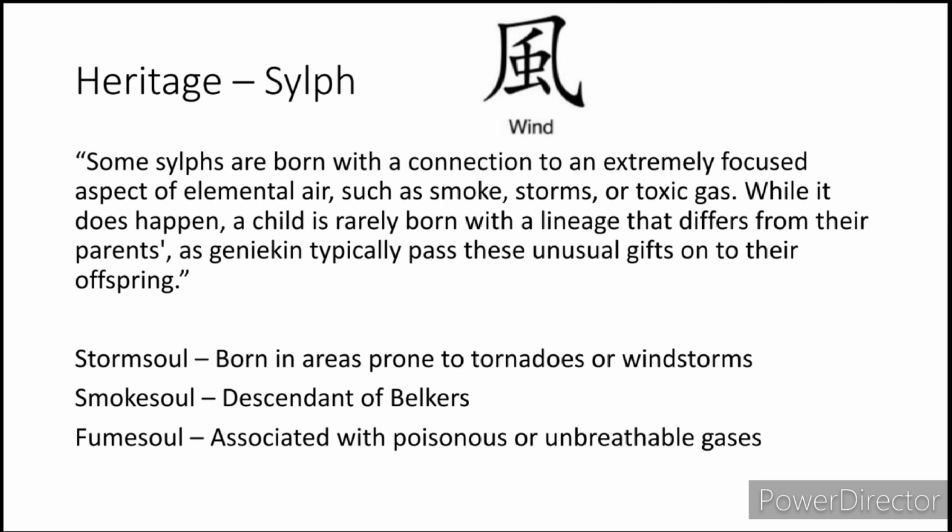Moving on to our air elementals, the Sylph. Some Sylphs are born with connection to the extremely focused aspects of elemental air, such as smoke, storms, or toxic gas. Ooh, toxic gas. I love this because that refers back to that Blightburn elemental, which is still phenomenal.